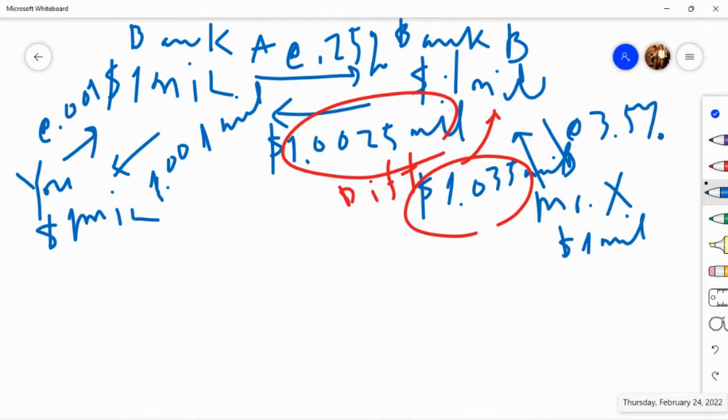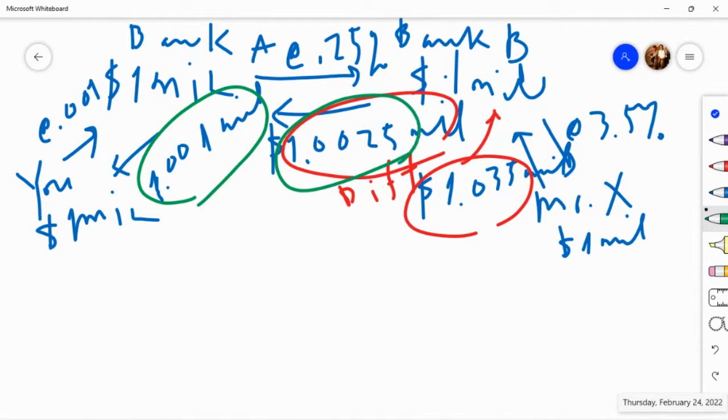And then the difference between the two is what this bank makes, right?